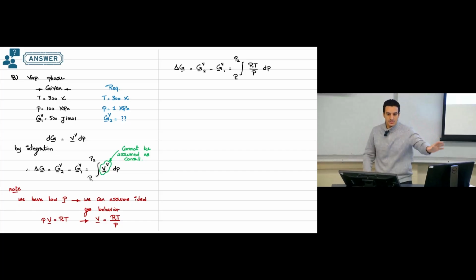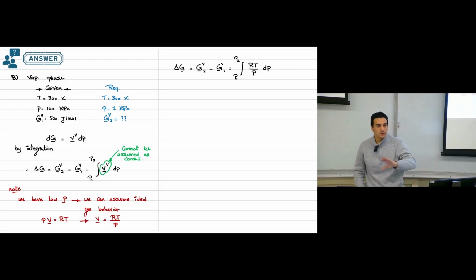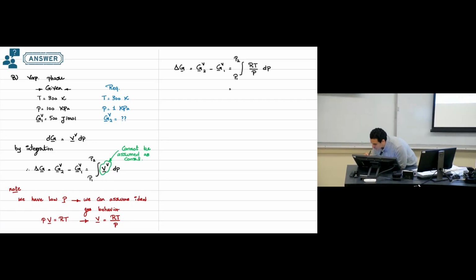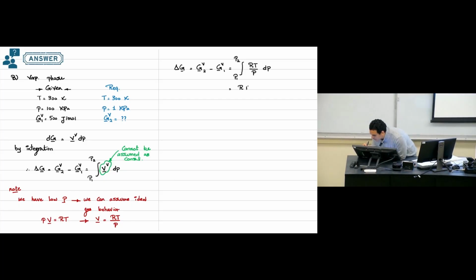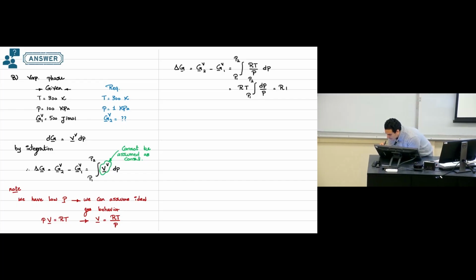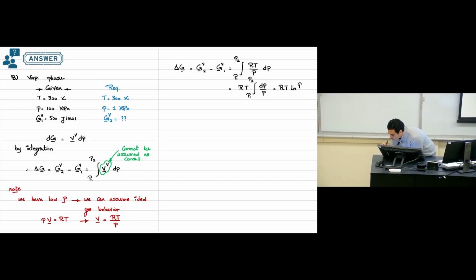Temperature is constant, case 1 and case 2 have the same temperature, so I can put it out of the integration. This will be RT integration from P1 to P2 of dP over P, and this will be RT ln P2 over P1.